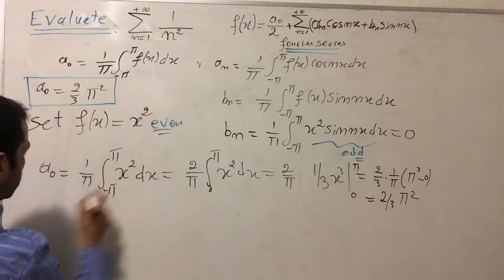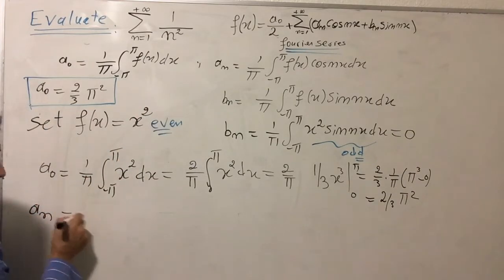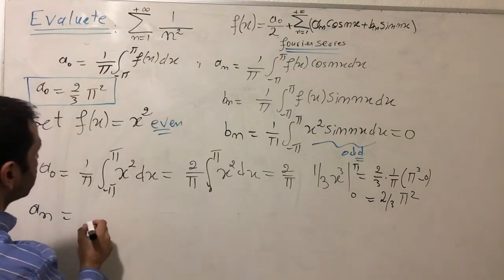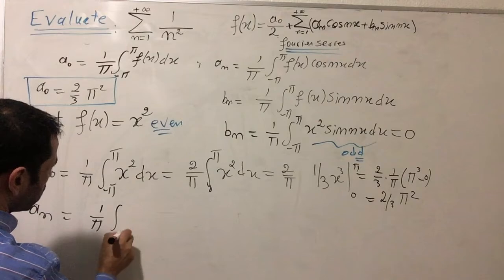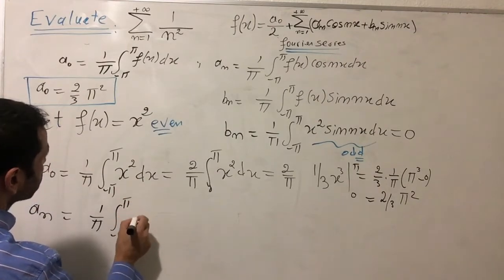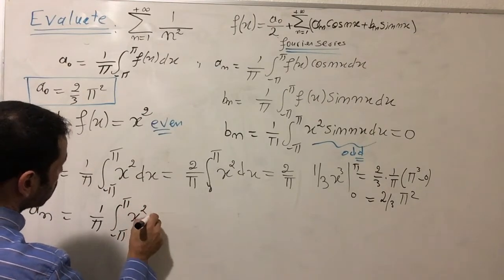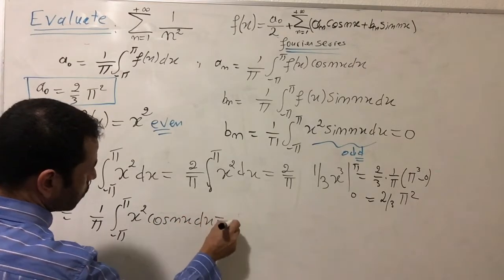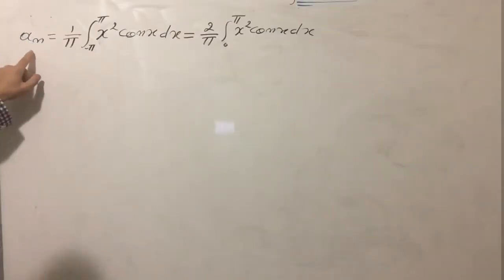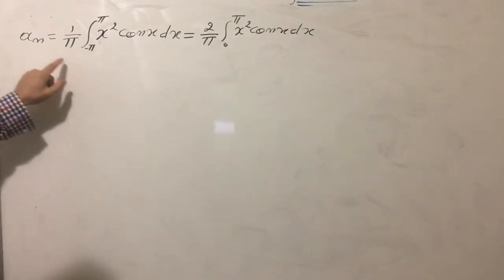I'm going to evaluate a sub n. We have a sub n equal to 1 over pi multiplied by the integral from minus pi to pi of x squared multiplied by cosine nx dx. We were at this expression.